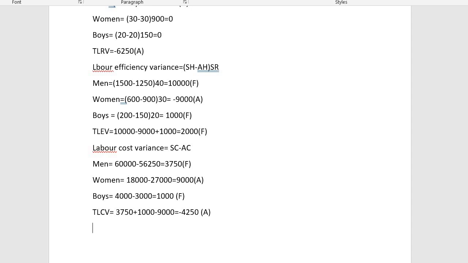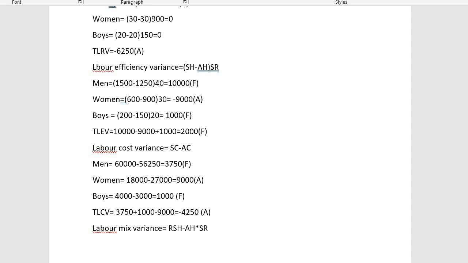The next one is labor mix variance, which is equal to revised standard hour minus actual hour into standard rate.